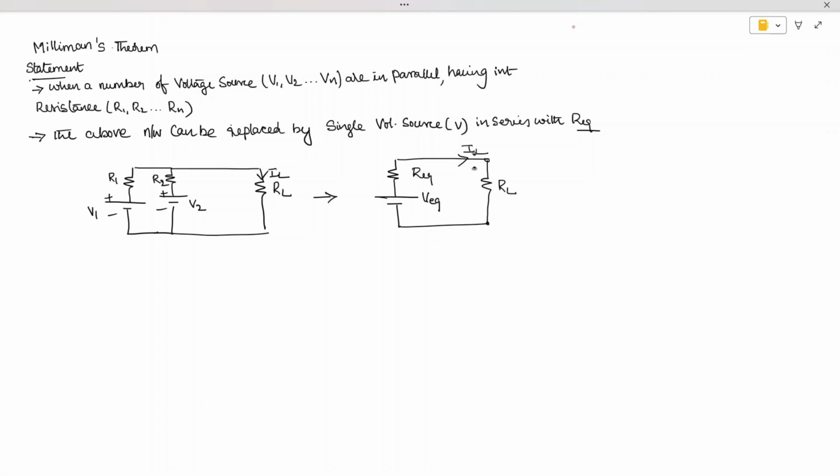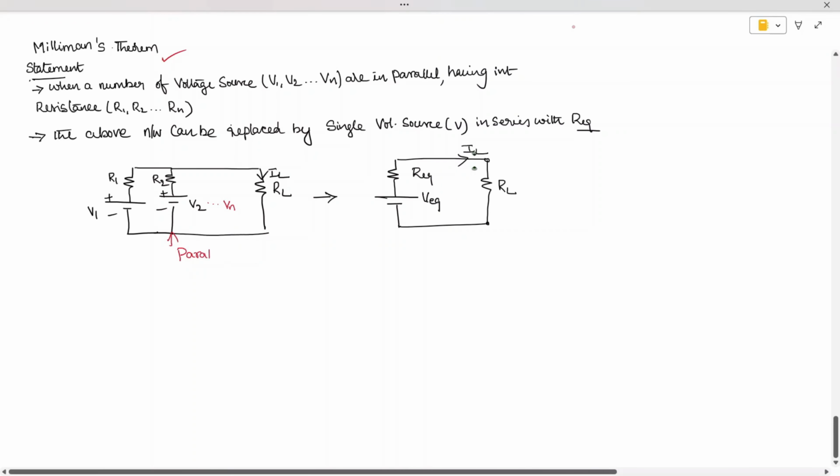What Millman's theorem states is: when you have n number of voltage sources like V1, V2 and so on, and all these voltage sources are connected in parallel. This type of arrangement you generally have in a Genco, where we generate power.